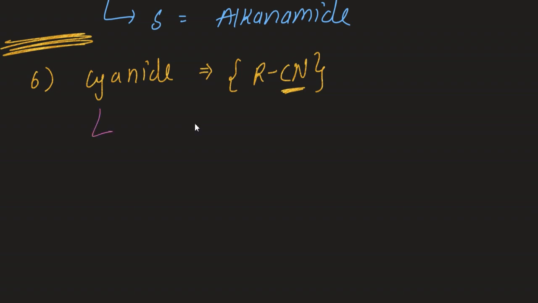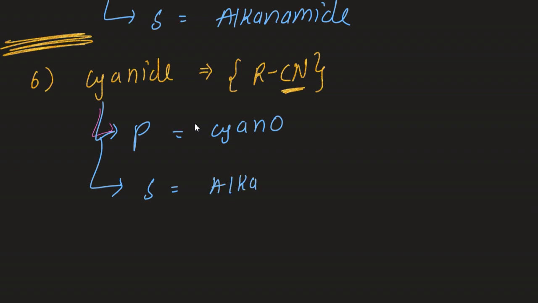Next, whenever it is acting as a prefix, you should call it as what? Cyano. Whenever it is acting as a suffix, its name is alkane nitrile. Alkane nitrile.